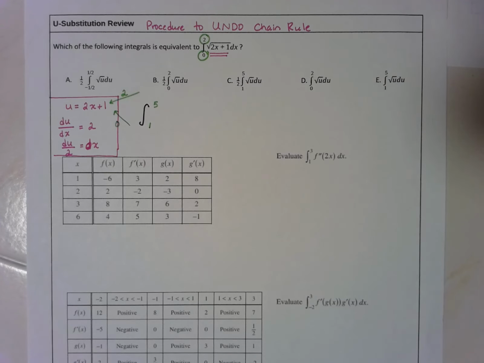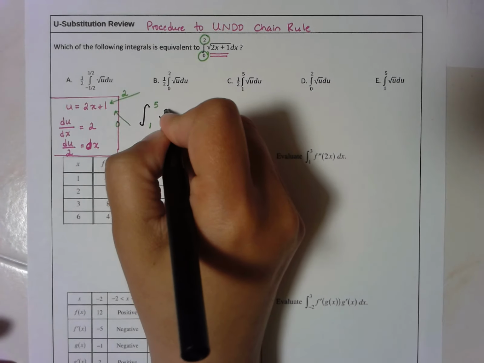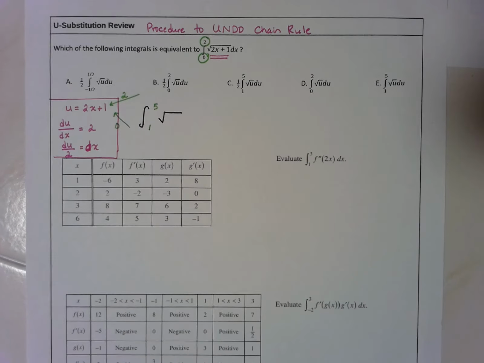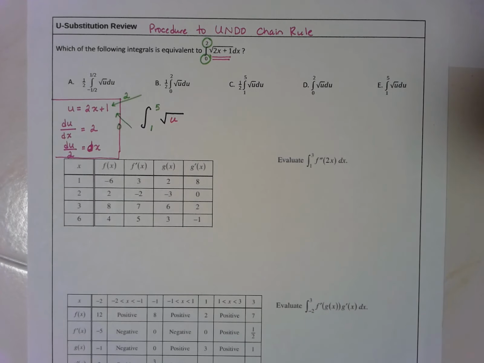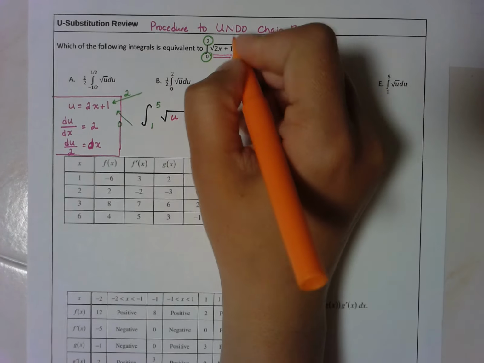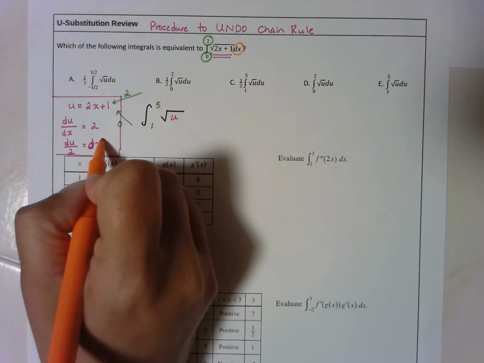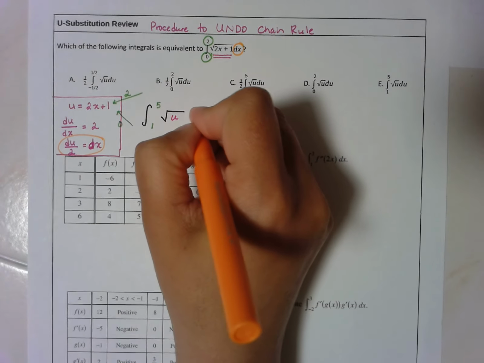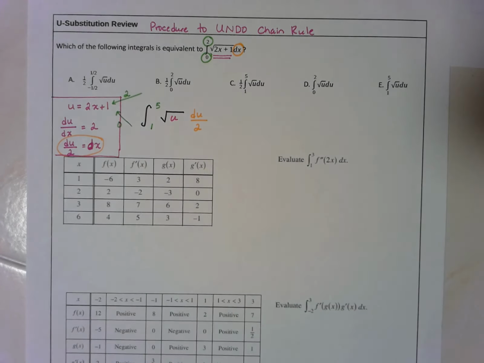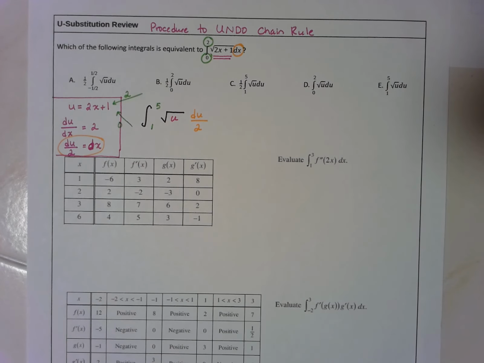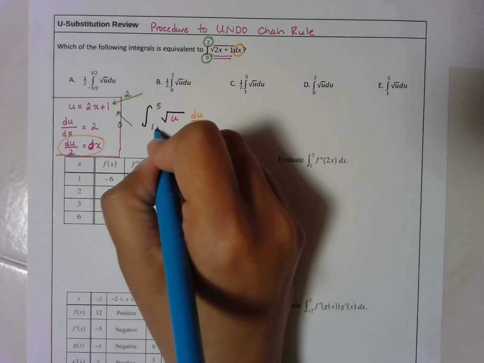Now I'm going to have the square root, which is still there, but instead of the 2x plus 1, I'm going to replace that with u, because that's what I've decided to call it, and I'm going to replace the dx, which is right here, with what I've identified for dx here by solving, which would be du divided by 2. Now, I don't usually like to leave my answer like that. I usually like to take this dividing by 2 and rewrite it at the beginning.